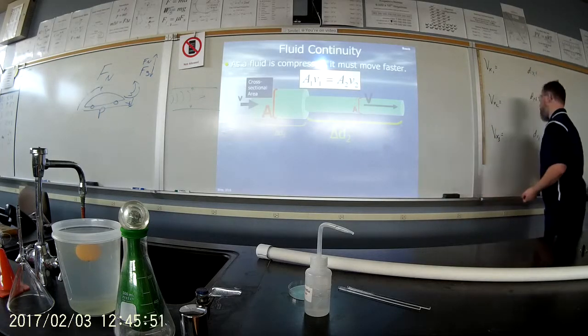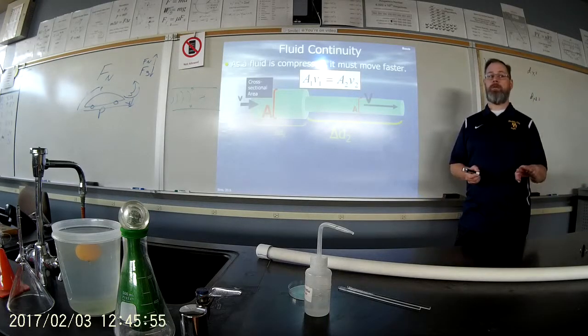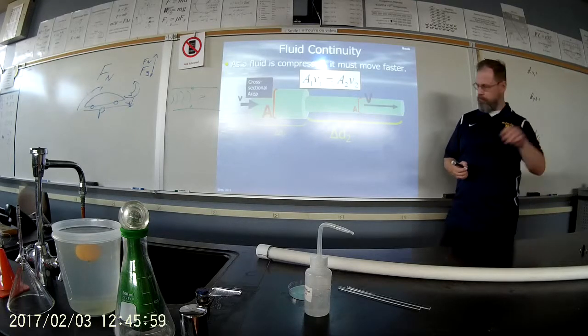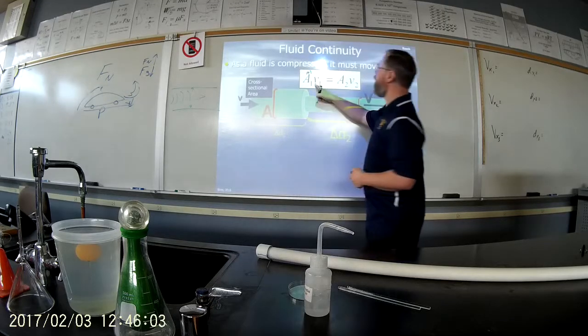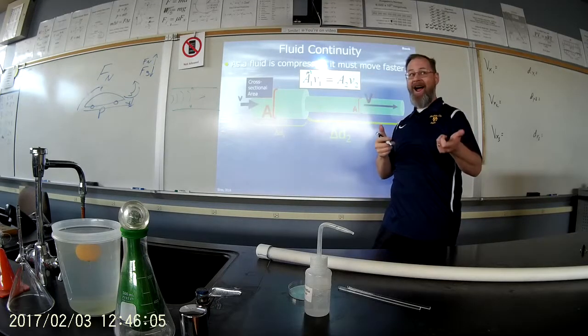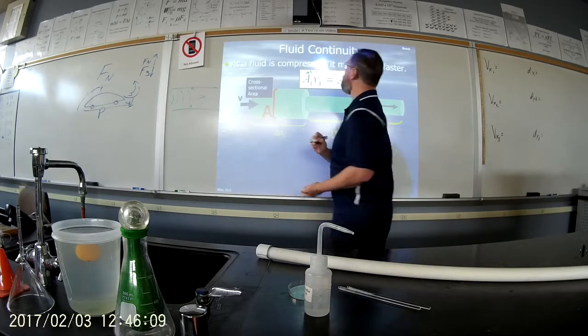Now, what is the unit for area? This is not a trick question. Square meters, yeah. So area is square meters. And what's the unit for velocity? Meters per second. Yay, meters per second.